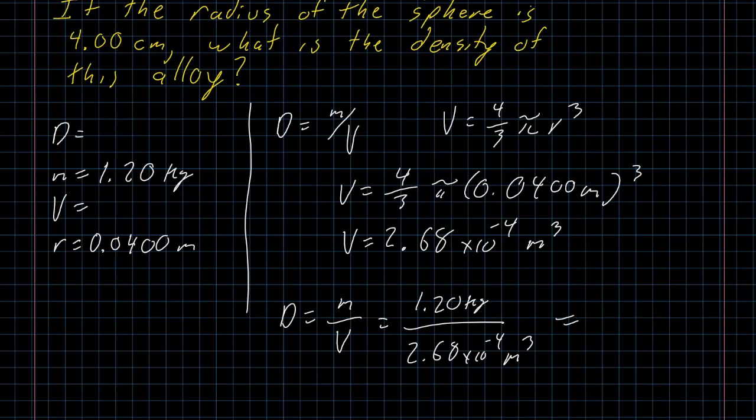And when I ask my calculator to do that division, my calculator tells me that this is going to have a density of 4,480 kilograms per cubic meter. Once again, 3 significant digits here, 3 significant digits here. So I round my result to have 3 significant digits, even though if I look at my calculator, that's decimal digits continuing until the end of the screen.